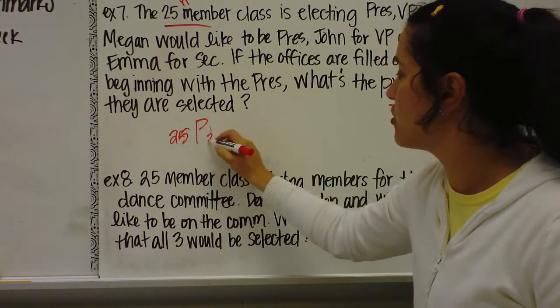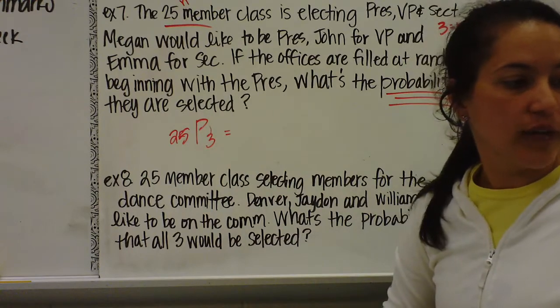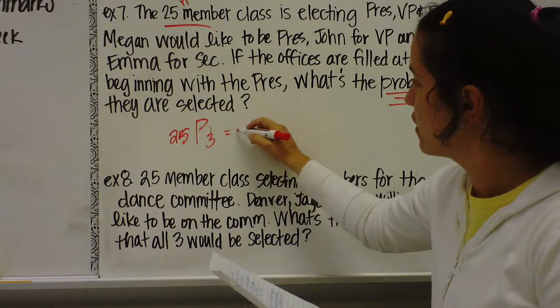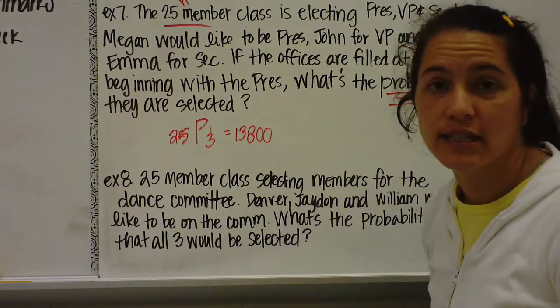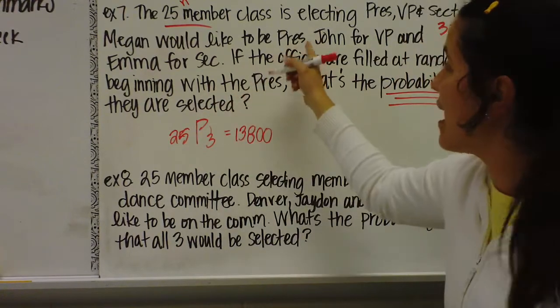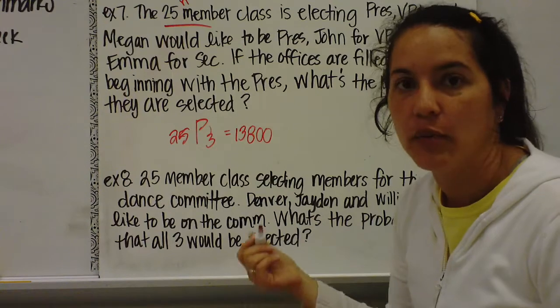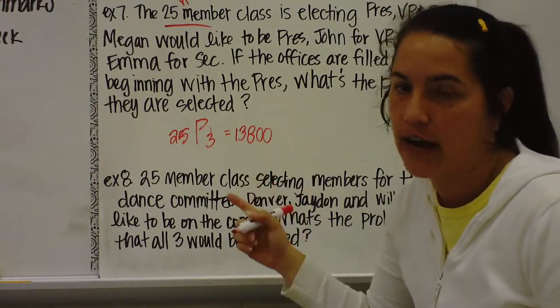25 permutation 3. When you work out 25 permutation 3, you end up getting 13,800 ways for this order to happen. Megan, John, and Emma. But the question asks for probability, and so the probability is what is the chance of that happening out of the total outcomes?